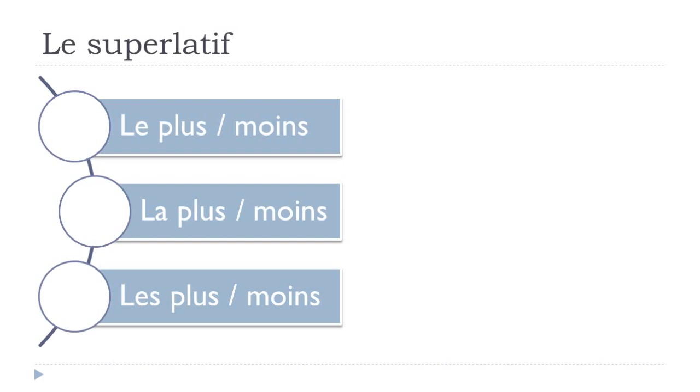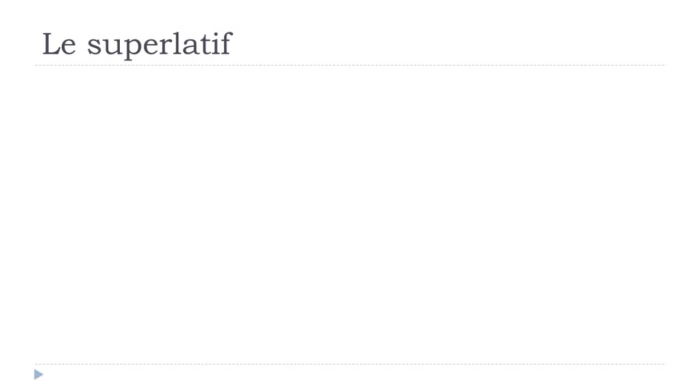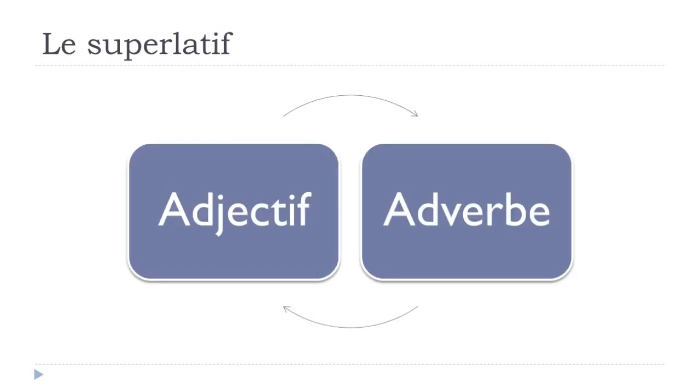And normally, in most of the cases, they will be followed by either an adjective or an adverb. In this video we'll see how to construct this superlative form, first with an adjective and after that with an adverb. So first part adjective, second part adverb.